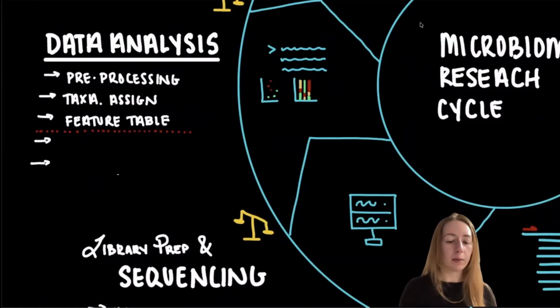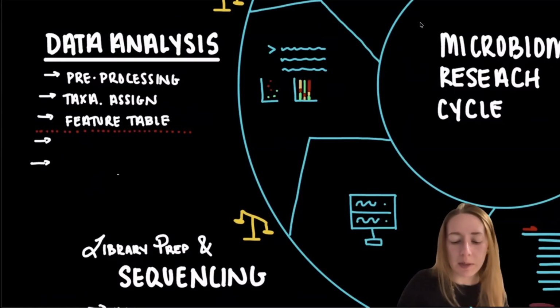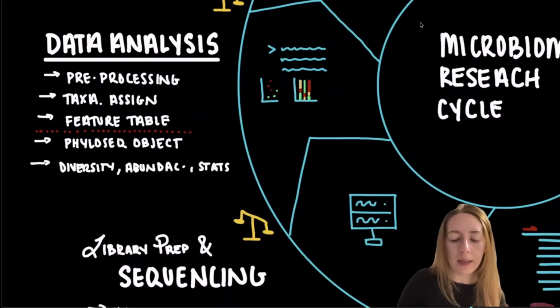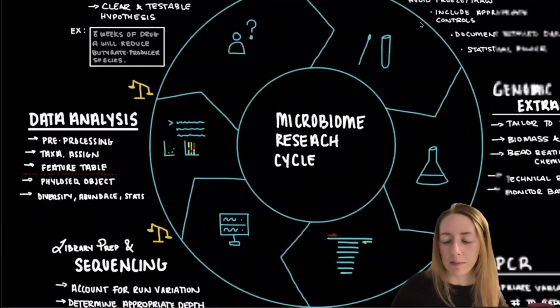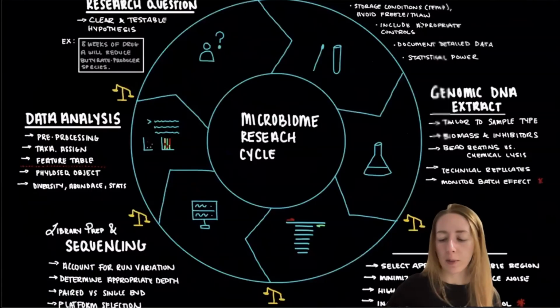And then creating a feature table. That's where we're going to end today, but then it keeps going, where we create a phyloseq object, and then look at the actual diversity, abundance changes, and statistics in regards to our data. So that's just a little overview, so you're well acquainted.